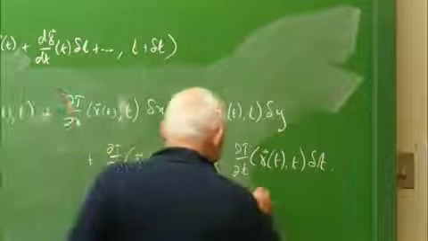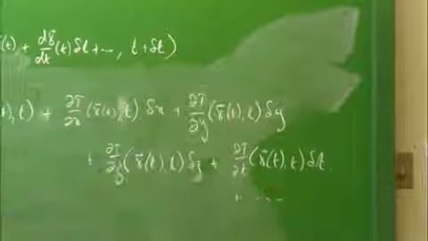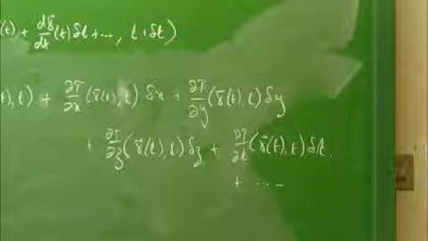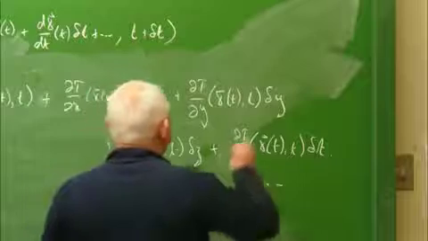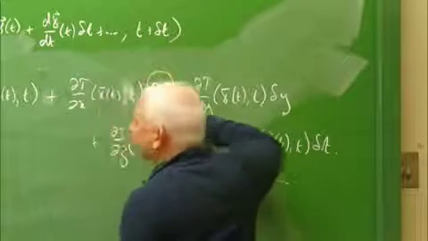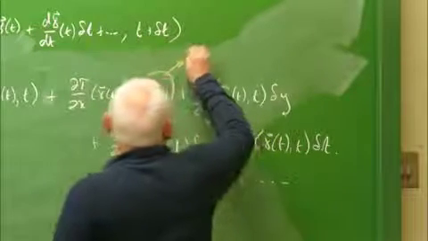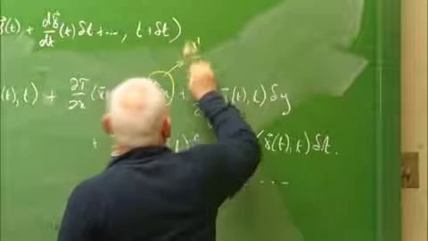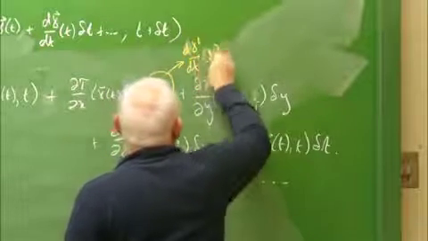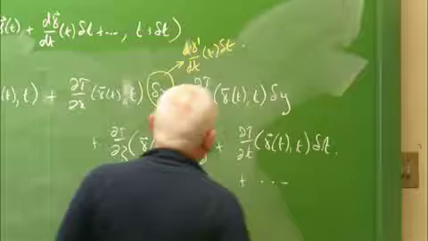And then you get the terms of second order. Delta x, you recall from what I've written over here, is d gamma_1 by dt at time t times delta t.